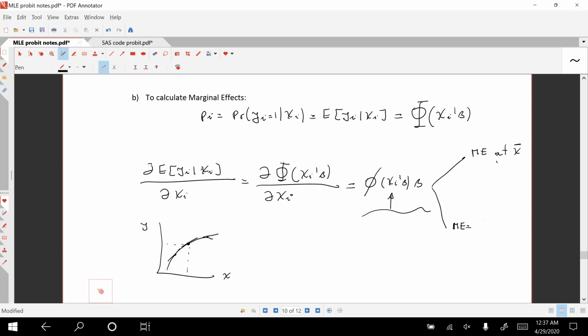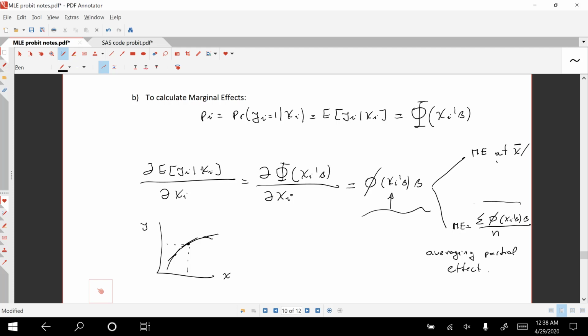So the other marginal effect, what you do is you calculate the marginal effects, the average of those marginal effects, for each xi, and that's what's sometimes called the average partial effect. So remember, intuitively here you have the marginal effect, so the effect of the variables at the average value of the explanatory variables, and here this is the average of the marginal effects for all the individuals. So they are both acceptable.